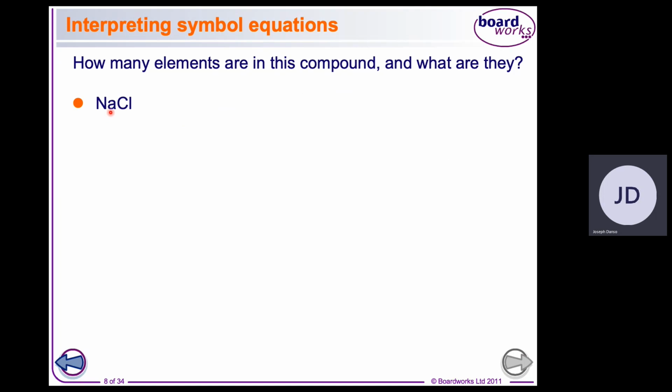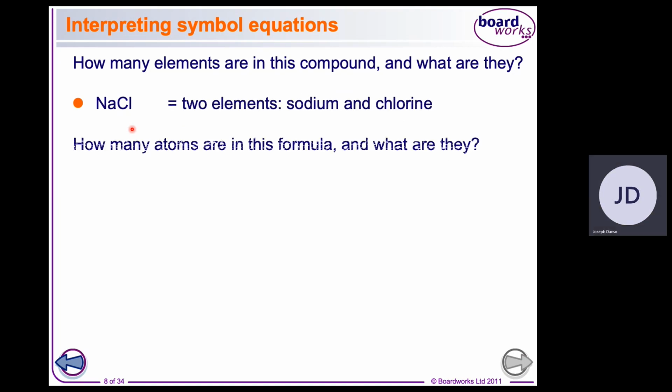Now we have NaCl. How many elements are in this compound and what are they? Pause the video and have a go. So here we have two elements. They are sodium and chlorine.